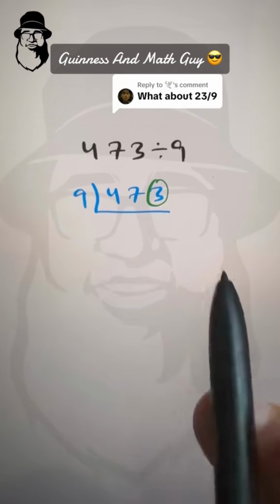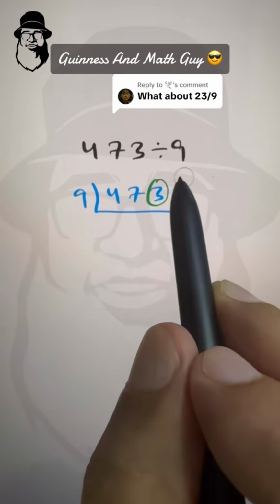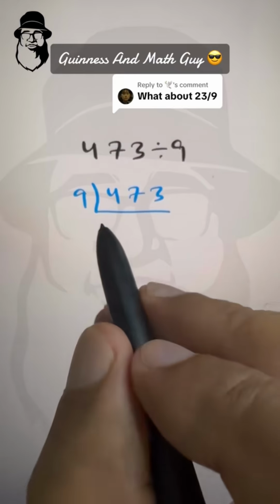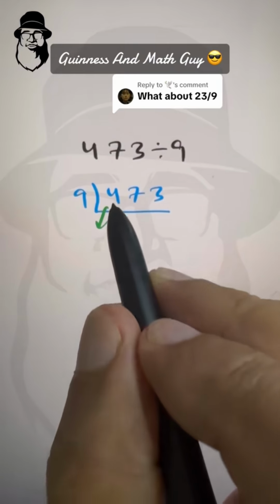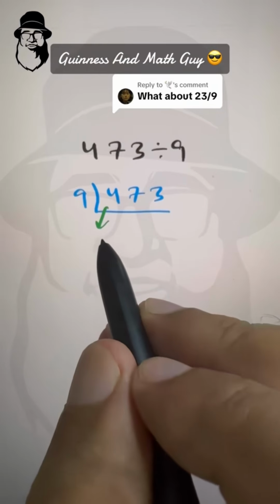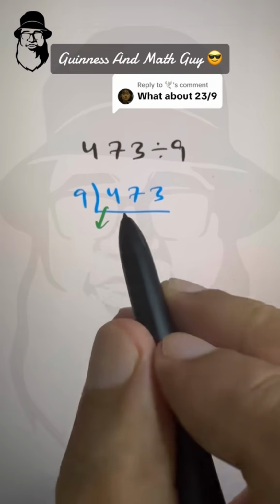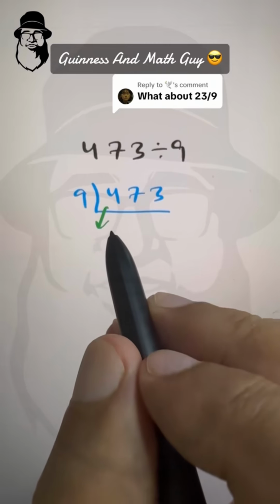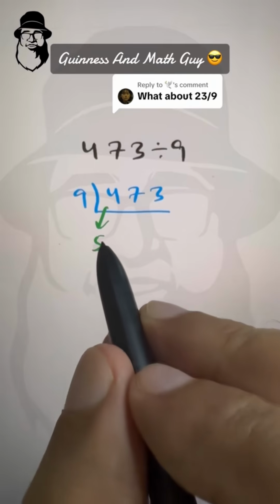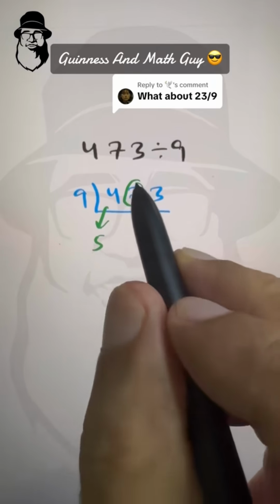Now let me do exactly the same thing in a lot easier way. Let's delete this part and we'll delete this one also. Now here we have to bring this 4 down in the answer, but before writing 4, we know that 4 plus 7 will give us 11. That is a 2-digit number. So instead of writing 4, I will write 5. And now 5 plus this 7 is 12.